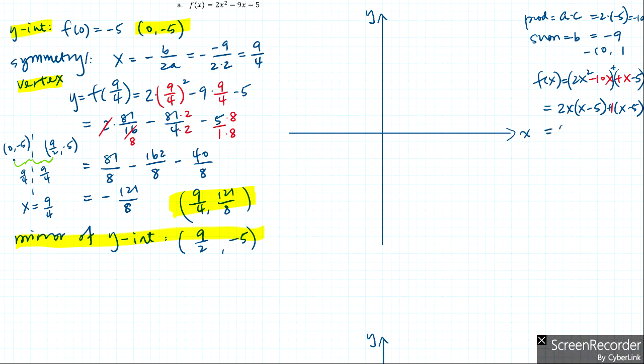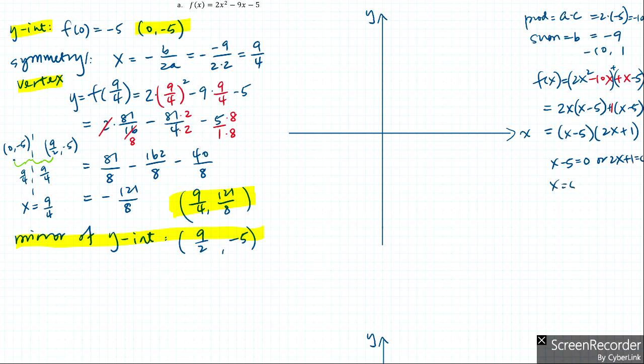And with this, we can factor out x minus 5 as a common factor between the two groups, and I'm left with 2x from the first group and positive 1 from the second group. And that's going to help us find the x-intercepts by using the zero product principle to set x minus 5 equals 0 or 2x plus 1 equals 0.